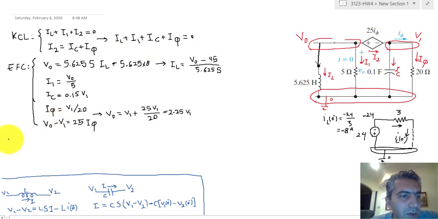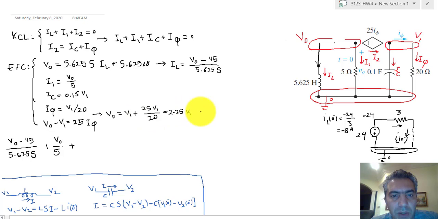So V out minus 45, that's IL, divided by 5.625 s, plus I1, which is V out divided by 5, plus IC, which is 0.1 s, times V1, which is V out divided by 2.25.